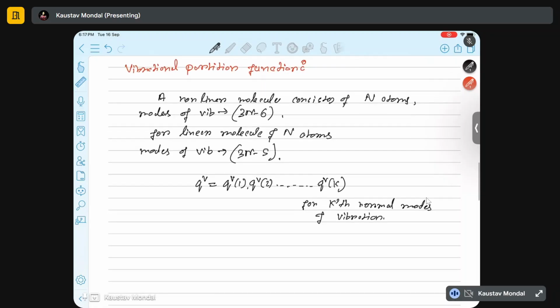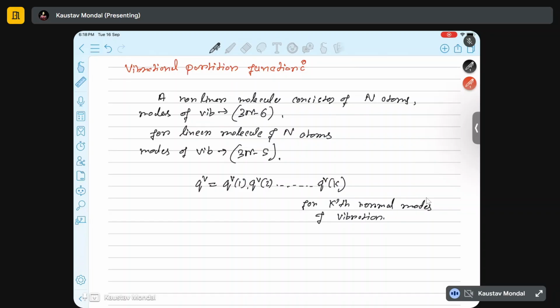So the expression of QV would look like this for a normal mode of a molecule. Regarding that, we have solved some problems, like if a non-linear molecule consists of 10 atoms or 20 atoms, how the expression of the vibrational partition function looks.